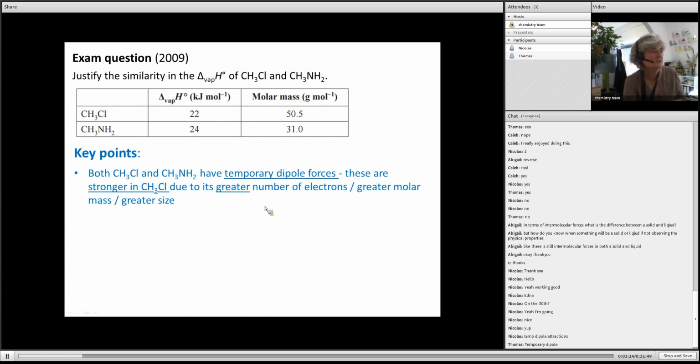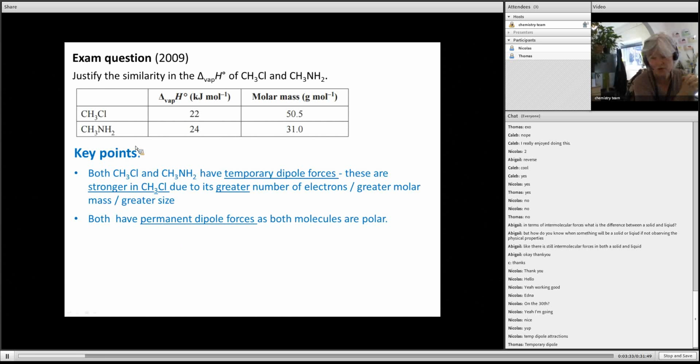One of those things. Okay, then mention the fact that they're both a permanent dipole. Because you are not given the molecular dipole, you are not expected to say which one has a bigger molecular dipole. So you're not expected to say, oh, okay, I've got chloromethane and I've got an amine, and amine's more electronegative, so I would imagine the molecular dipole to be stronger. You don't have to do that, okay?